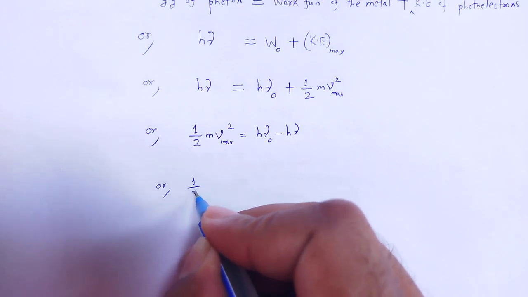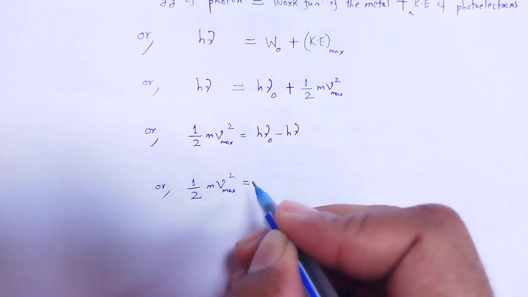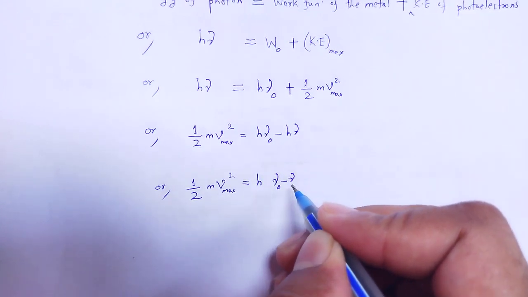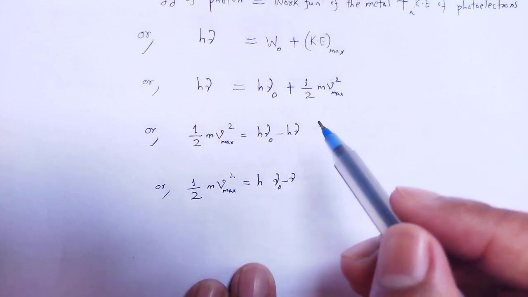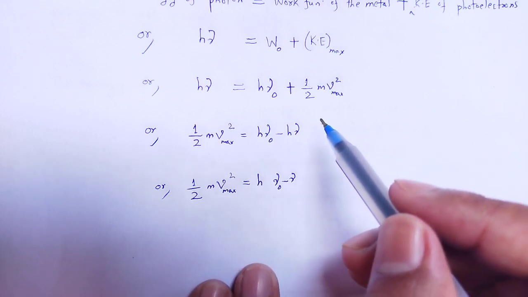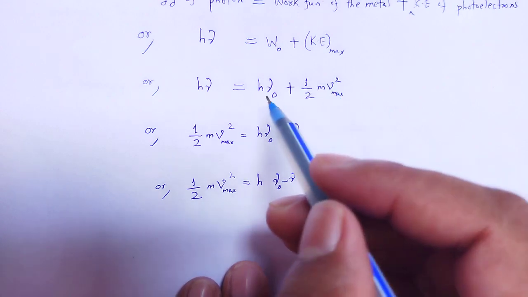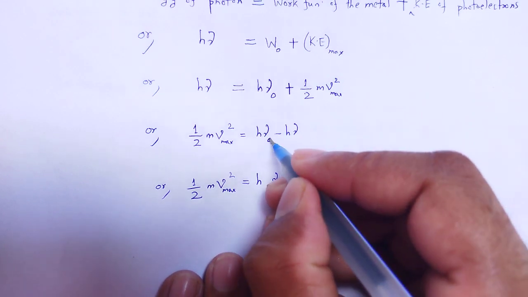Or half m v max square is equal to h, taking nu naught common, h nu minus h nu naught.